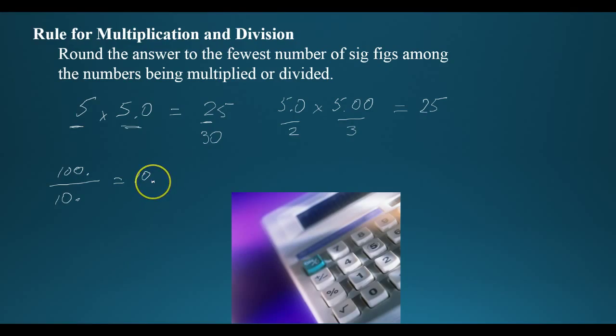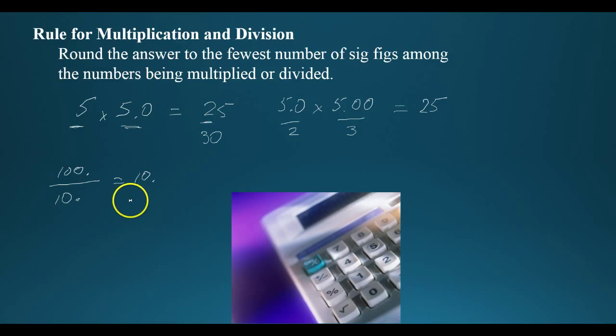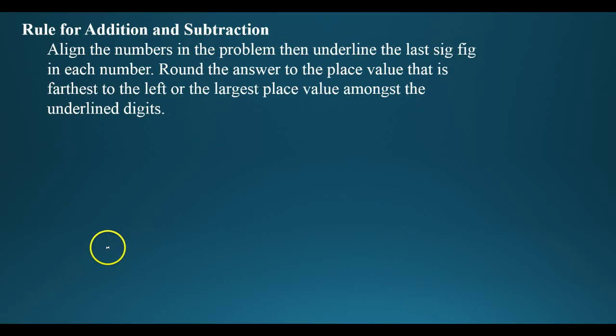So we can either put a decimal point after the 10, or we can put a bar above the 0. It's either or, either a decimal point or a bar above the 0 to show that you have 2 significant figures.